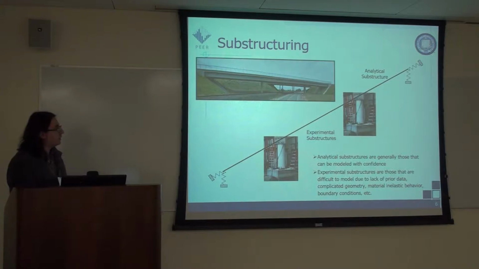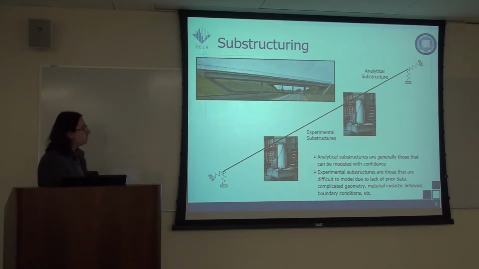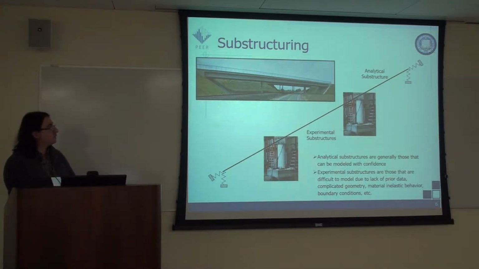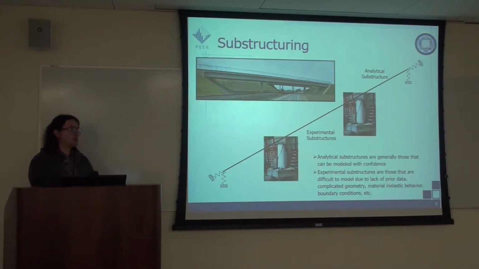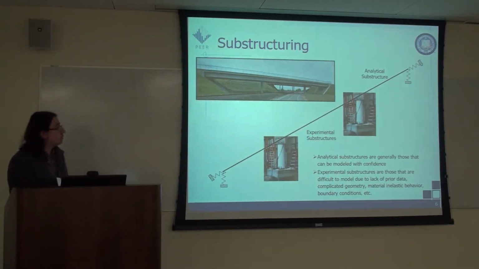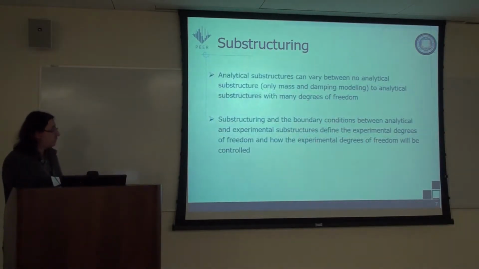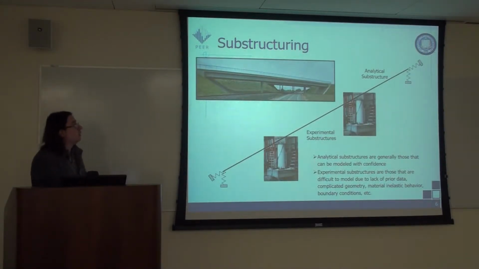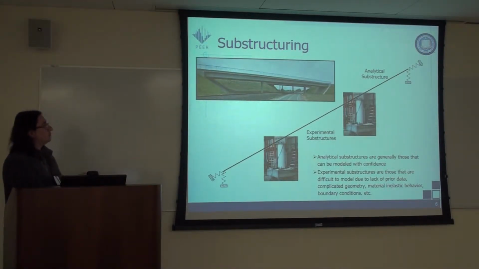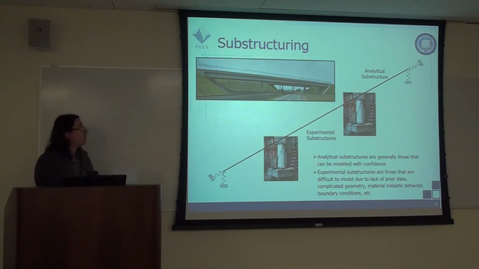On the other hand, the columns are the components that would sustain the damage, and therefore, due to the material nonlinearity, modeling of the columns may not be as straightforward as modeling an elastic component. So the columns are modeled as experimental substructures in this example.